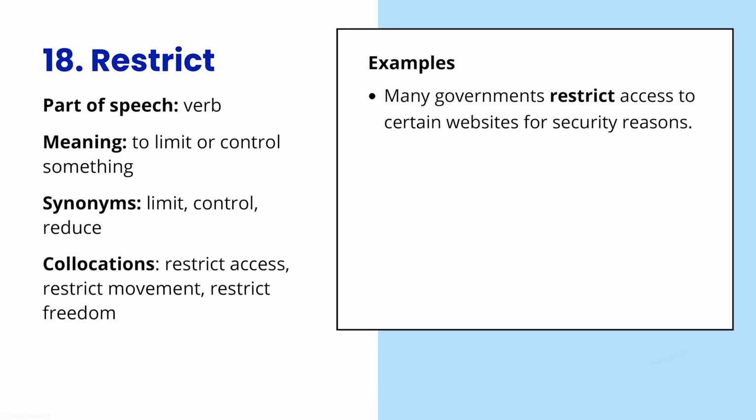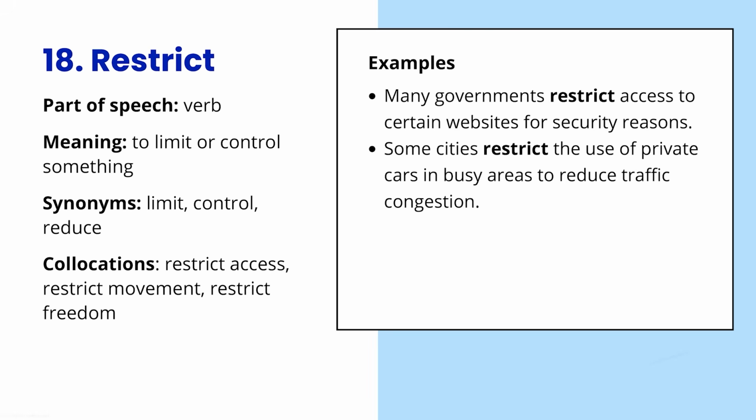Many governments restrict access to certain websites for security reasons. So this means that many governments control or limit the access to certain websites because they might be dangerous or cause problems. Some cities restrict the use of private cars in busy areas to reduce traffic congestion.